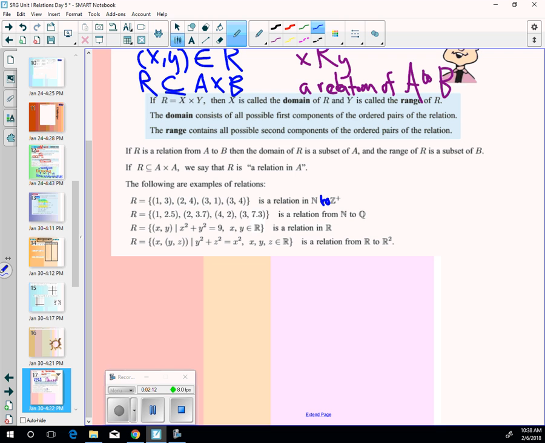Those are the natural numbers, the positive integers, to what? 2.5, 3.7 are rational numbers, so N to Q. This one is kind of interesting. It's a relation of x and y, going from the 2D to the 1D, and then this one is the relation in R, from 1 to 2.